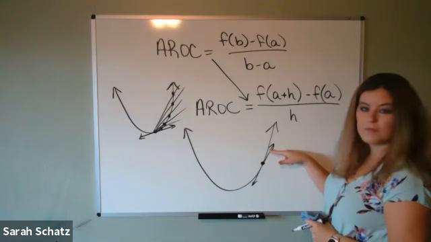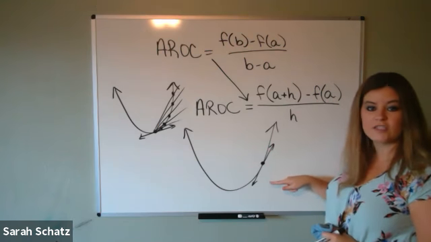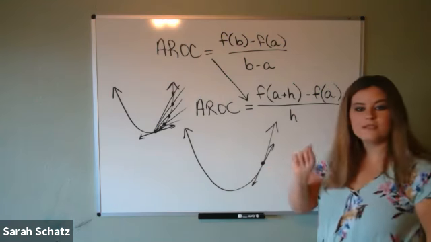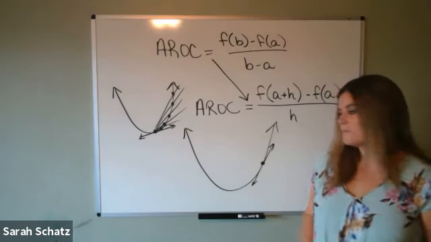If I moved up a little bit and I drew a similar line touching the function just like that, it would have a different slope, right? It only applies to one point at a time. So this is an instantaneous rate of change.